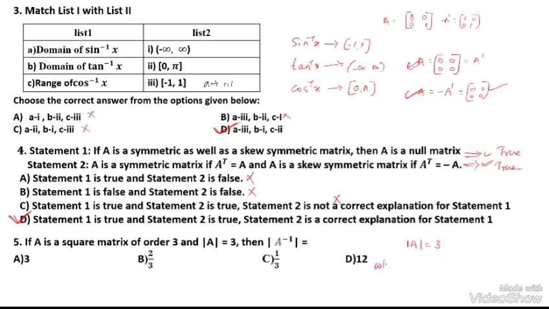We already know that A inverse is equal to 1 divided by determinant of A into adjoint of A. But they have given that the determinant of A is equal to 3.